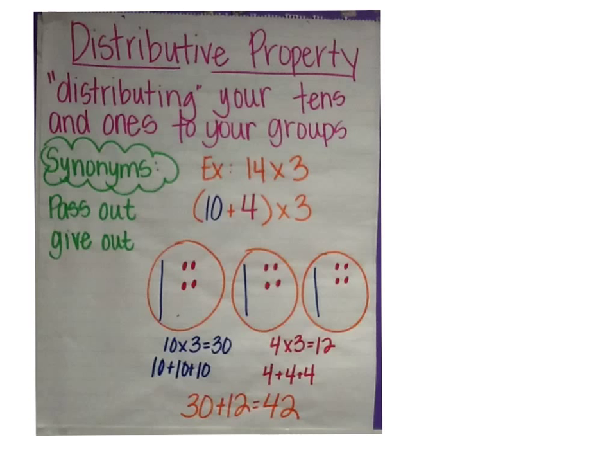We've also been learning about the distributive property, distributing your tens and ones to your groups. Synonyms: pass out and give out.